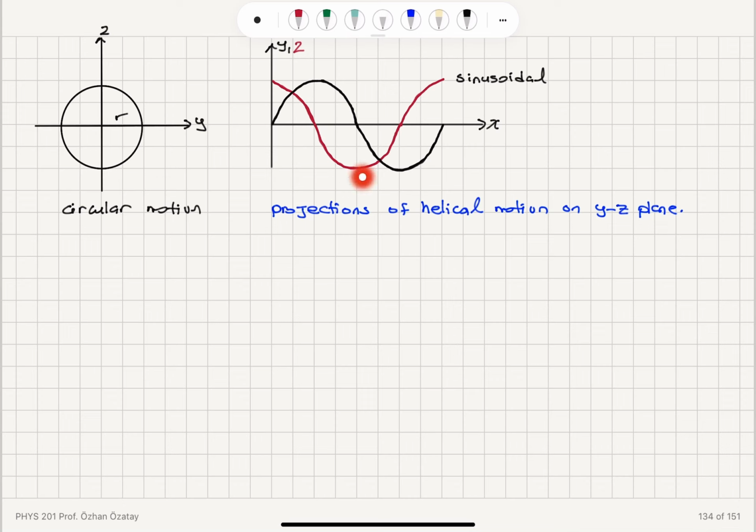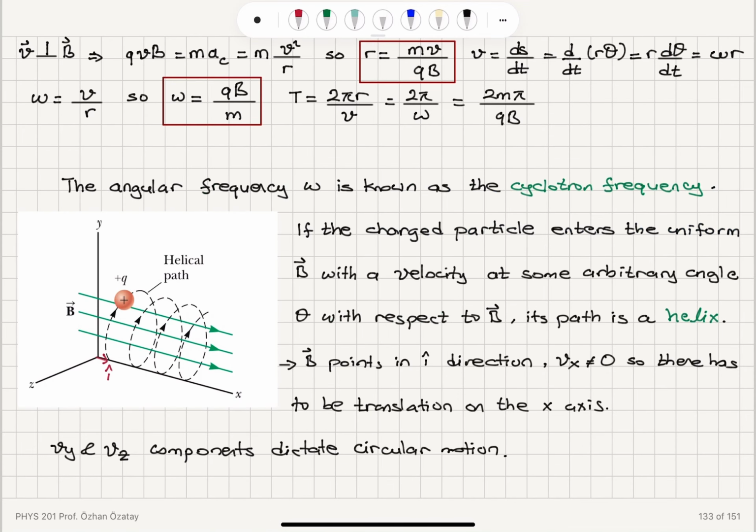So you can see that these two sinusoids are out of phase by 90 degrees. It's the projections of the helical motion on the yz plane that give us these sinusoids for y as a function of x and z as a function of x for the trajectory of this charged particle.